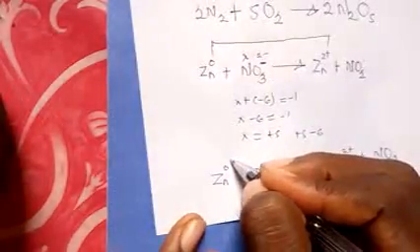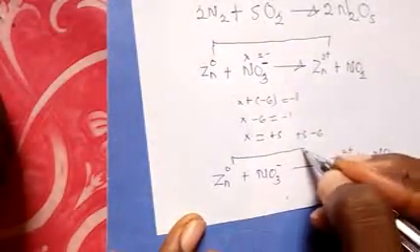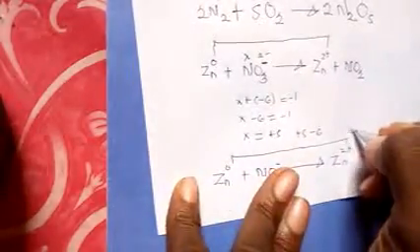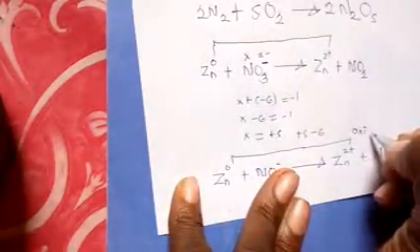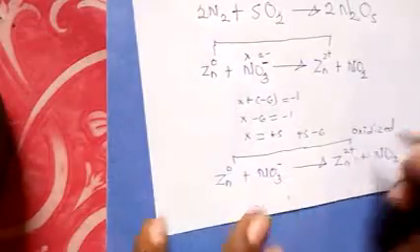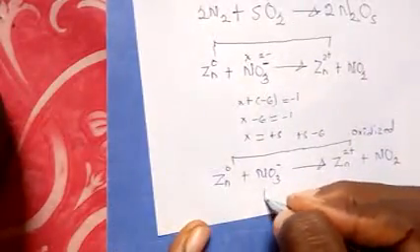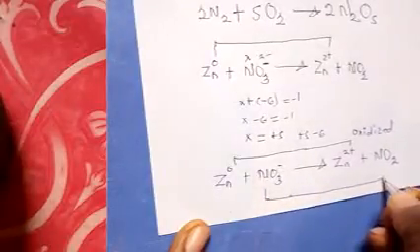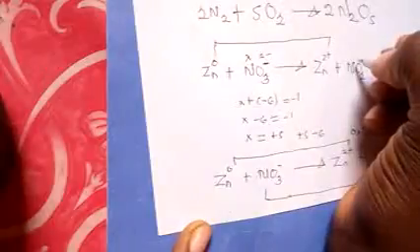It tells you that Zn left from 0 and it went to 2 plus. Therefore, it has been oxidized. So this is the reduction, and NO3 left from minus 1 and it went to 0.